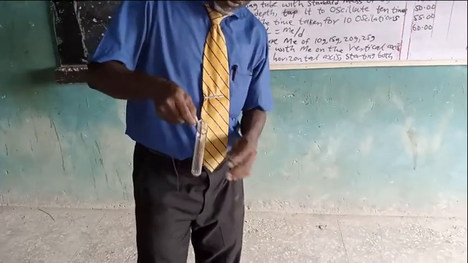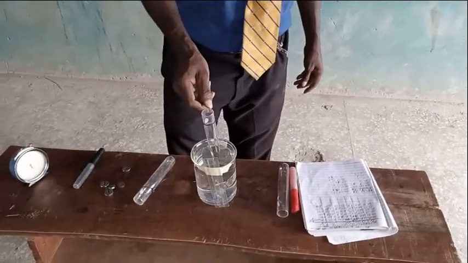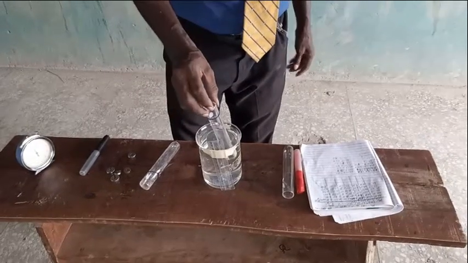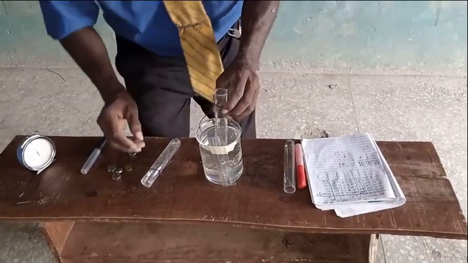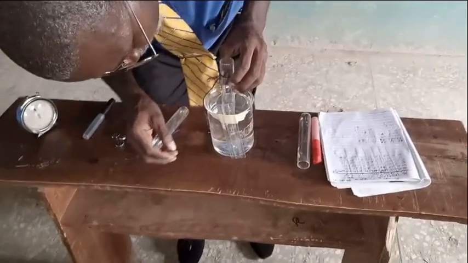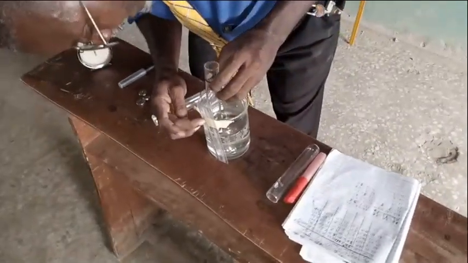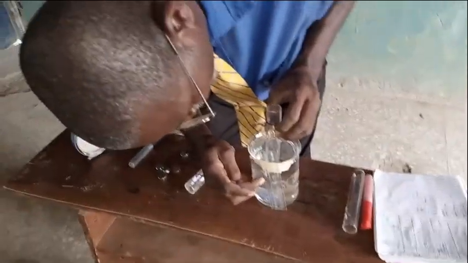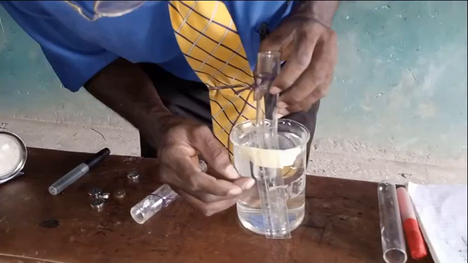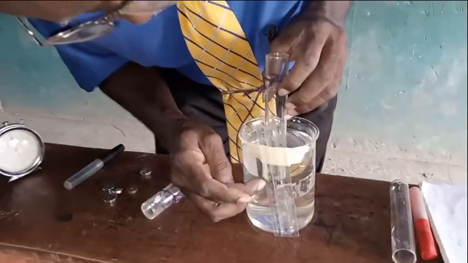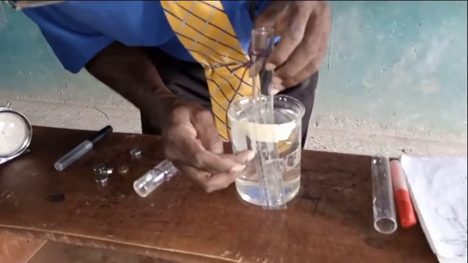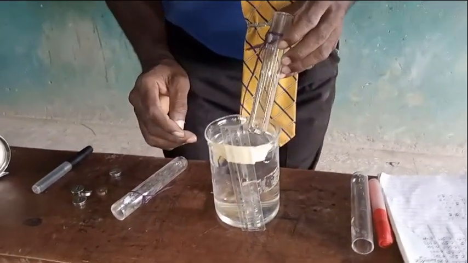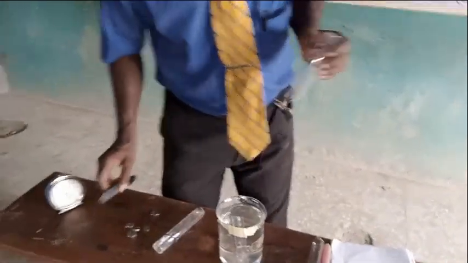To know the depth, this is the depth it reached. The maximum height of water is 10, and it stops at 9. We are going to remove 9 from 10.